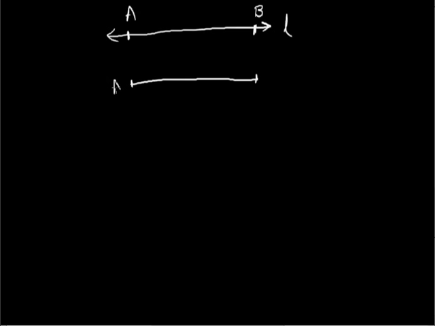A line segment is a portion of line. So a line is indefinitely extended in both the directions, but a line segment is a fixed portion of a line. So if L is a line extending in both the directions and I mark two distinct points A, B on this line, then the portion AB is known as line segment.